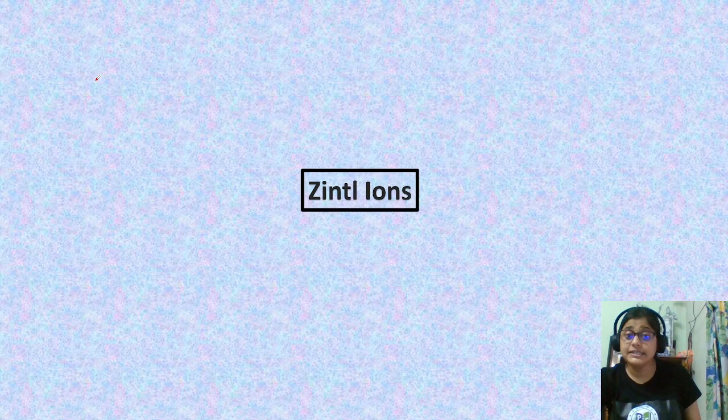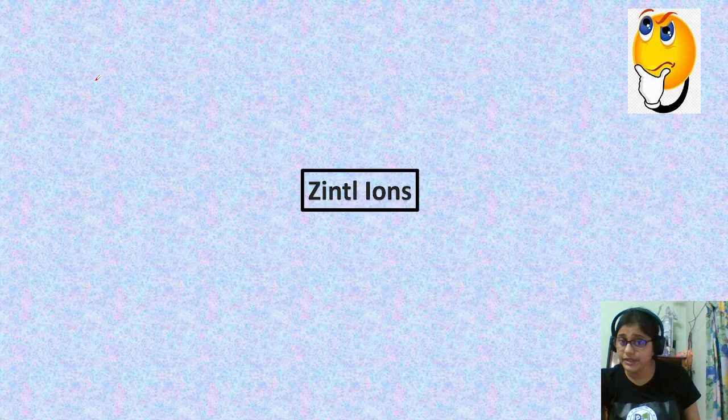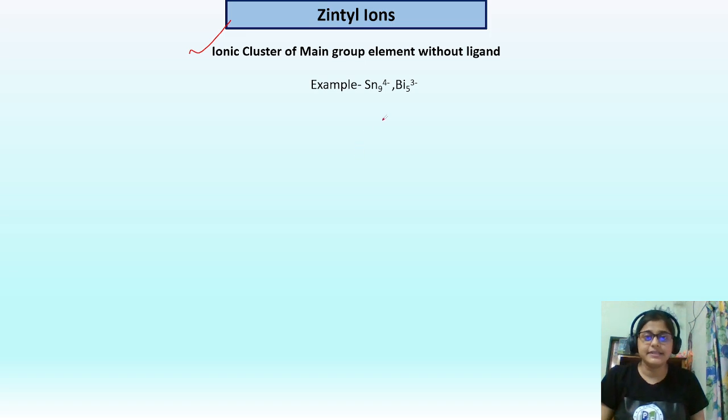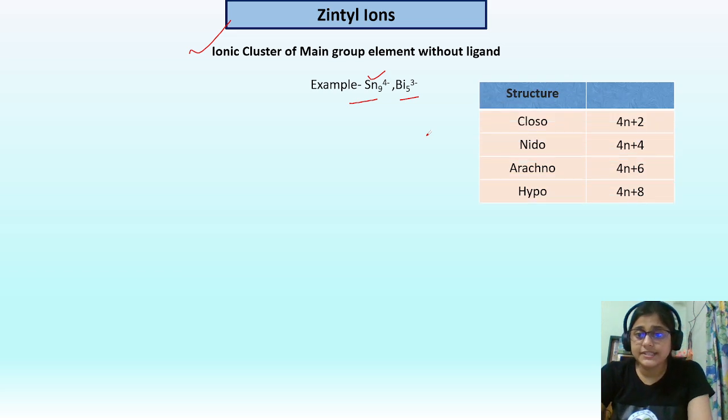Now Zintl ions. This is also a very important thing. What is this? Ionic cluster of main group element without ligand. For example, examples are Sn9 4 minus. See, here no ligands are given, and these are main group element. Okay. So for these cases, for the calculation of that, we can compare it with again boron, right?